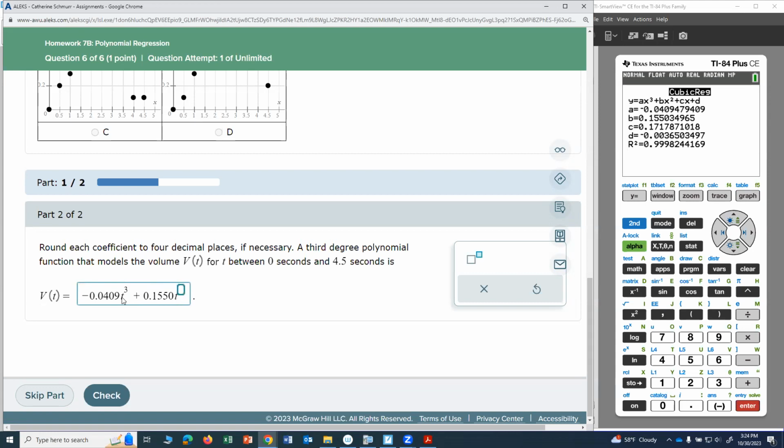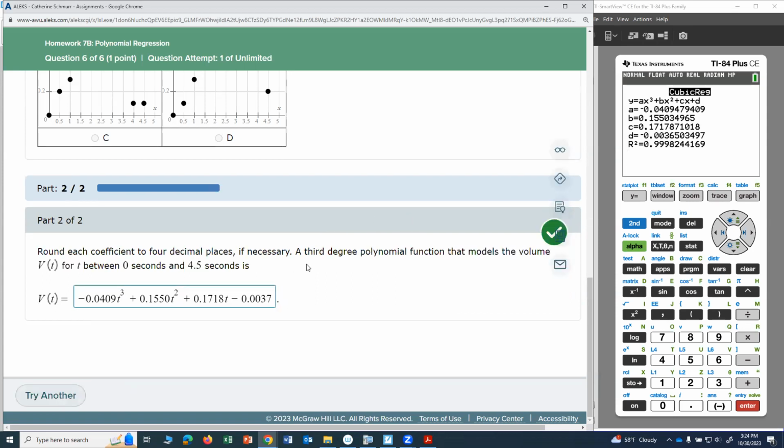That'll be t squared. C is 0.1718 t, and then d is minus 0.0037. So make sure all your rounding is good. Make sure you're using the correct variable, and that's how you do cubic regression.